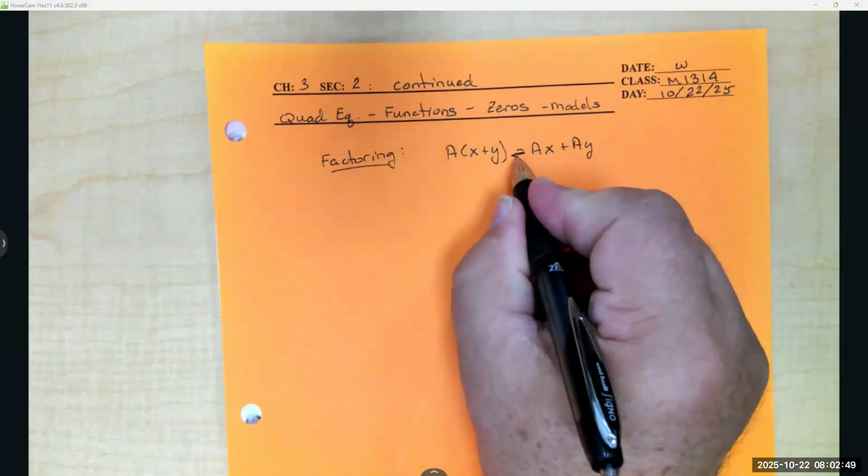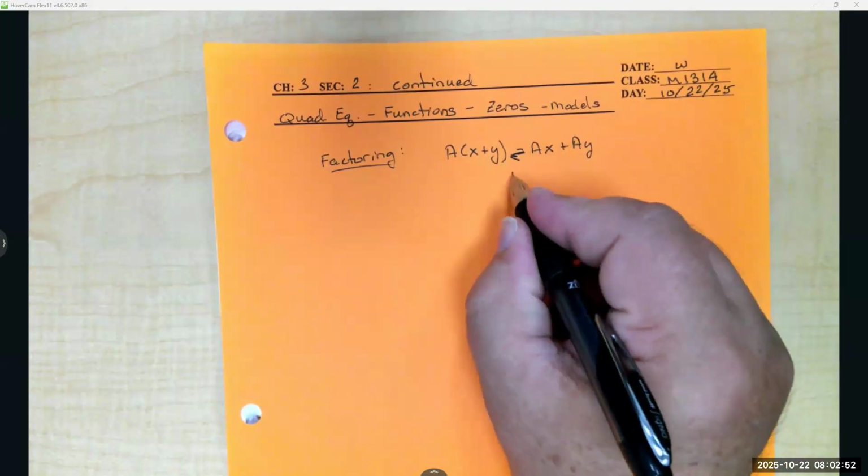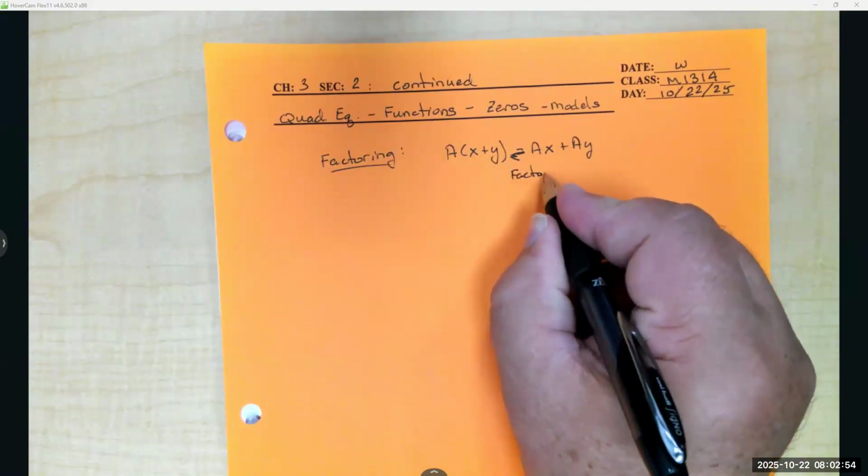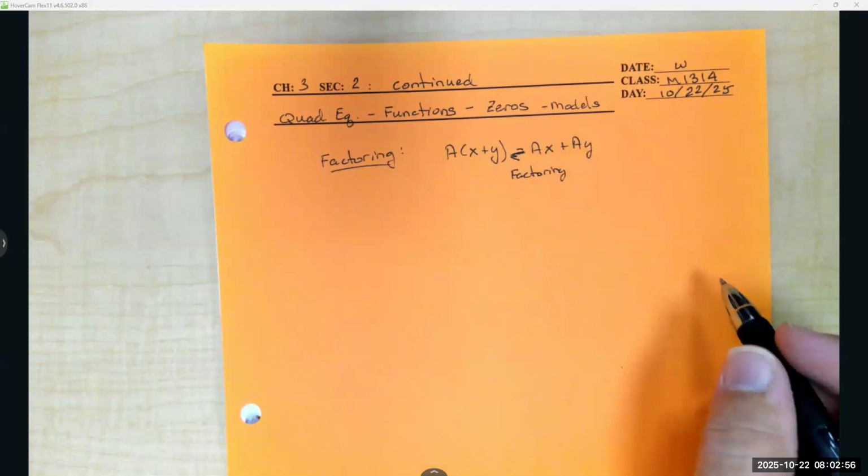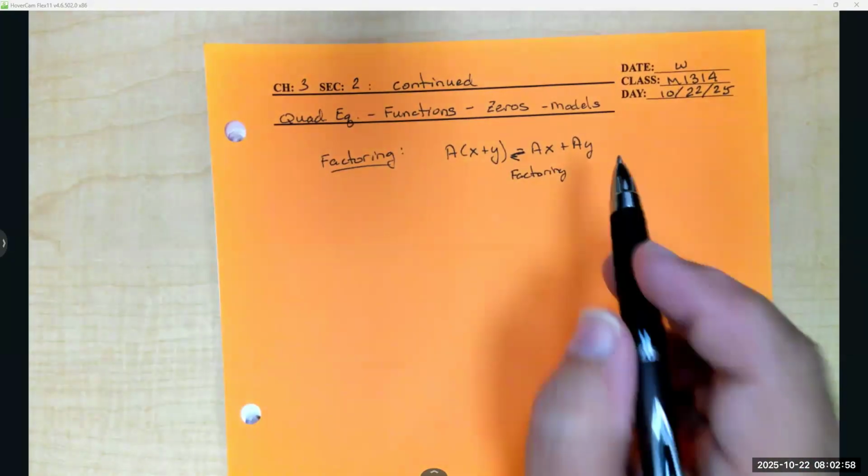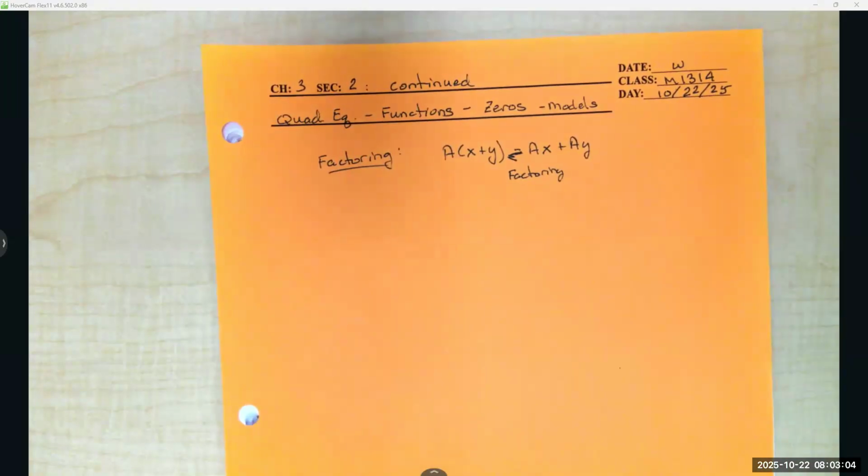Going this way is factoring. So basically what it does, it takes an equation and breaks it down to smaller pieces. Because the whole goal of factoring is to break down the polynomial, the function, down to linear equations.